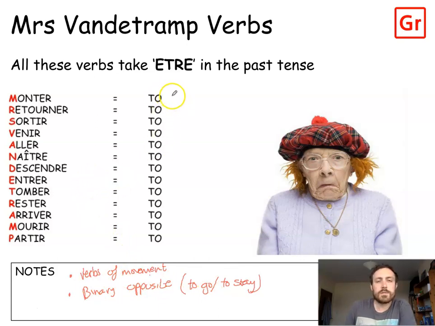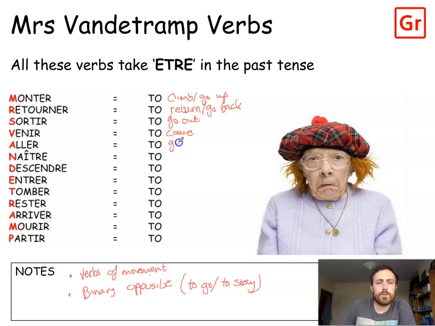So just to go through these, monter is to climb or to go up. Retourner is to return or to go back. Sortir is to go out. Venir is to come.